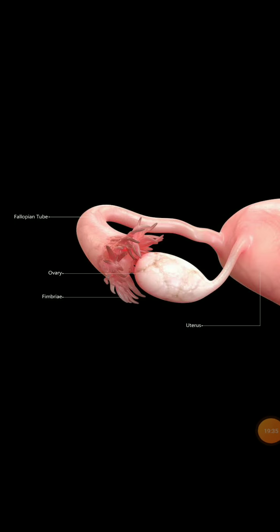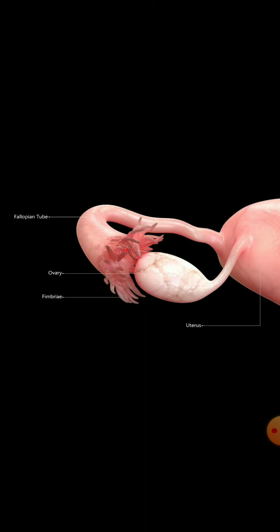As we know, when an ovary produces an egg, it can be alive only for 24 hours, which means if the egg is not fertilized with sperm, it lives about 1 day only, right? Then what happens? It will degenerate itself.